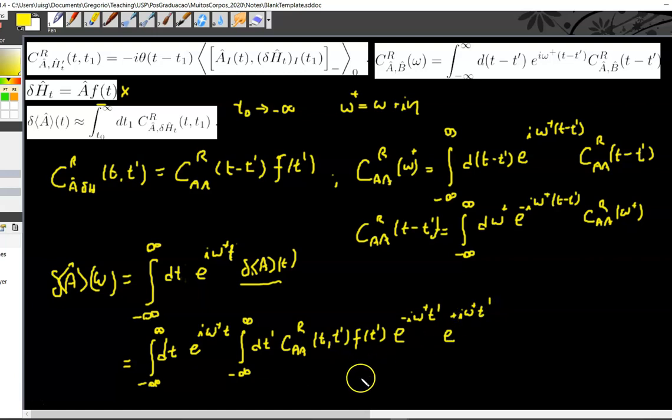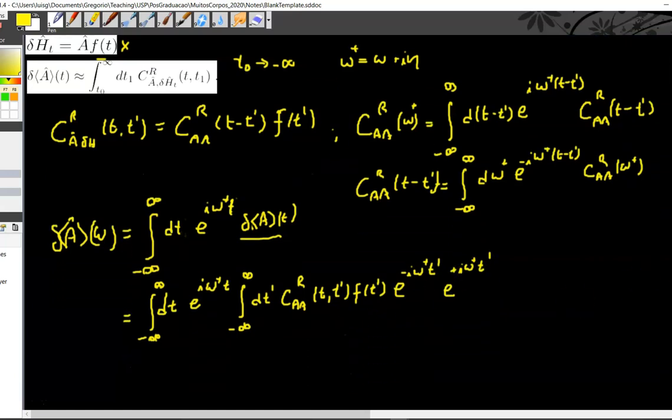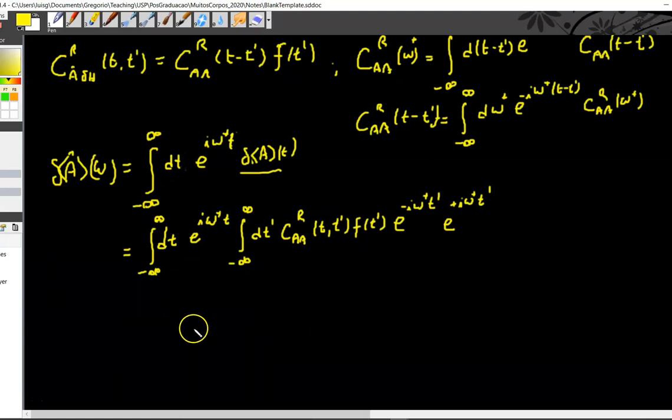Okay, so by doing this, we can write it as this. Let's put the integral in dt prime here, and then the integral in t.